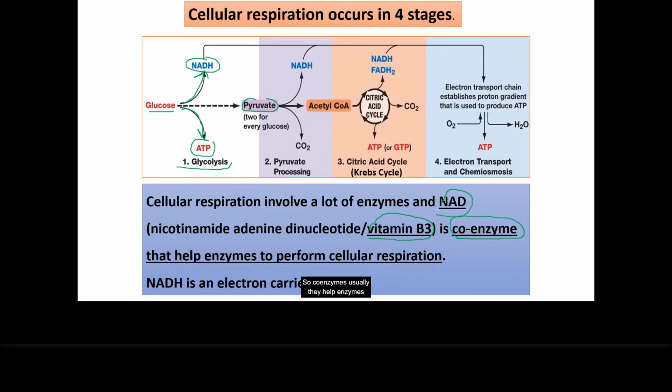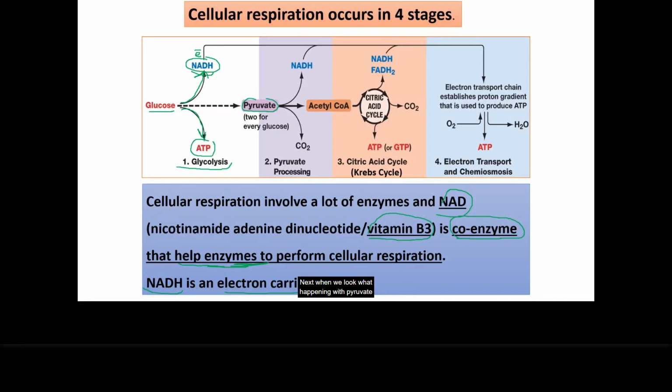So coenzymes usually help enzymes to perform cellular respiration. And NADH, what is produced here during glycolysis, is an electron carrier. It means it carries electrons, and it's produced during glycolysis here.